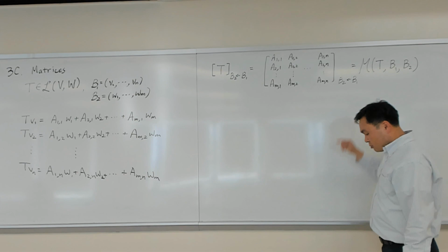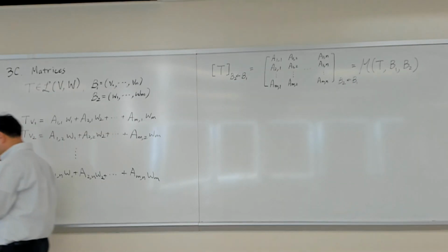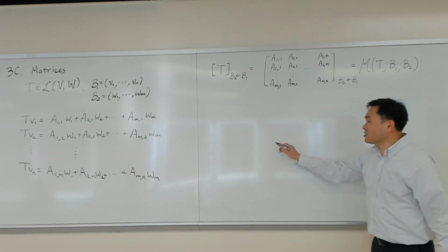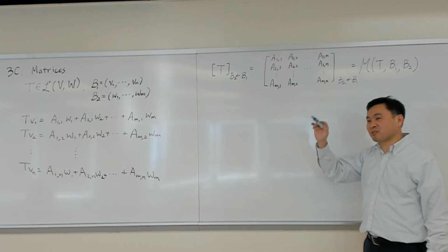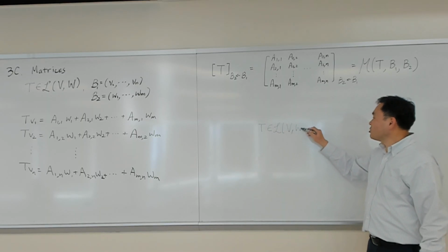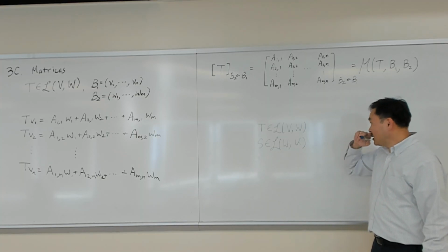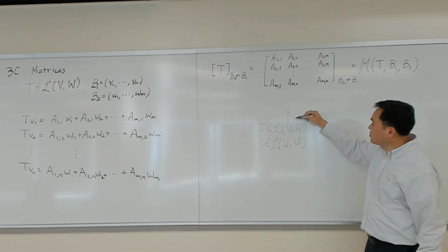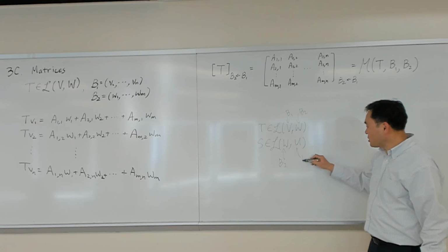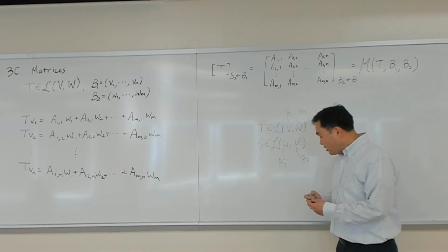The reason I do this is because, write it in some corner if you want to write this down, if T is a linear map from V to W, and S is a linear map from W to U, and you choose basis B1 for V and B2 for W, so that you use the same basis for W, but then you have B3.